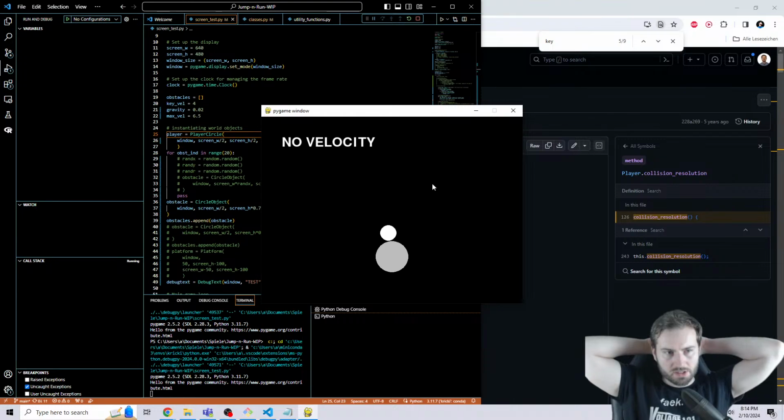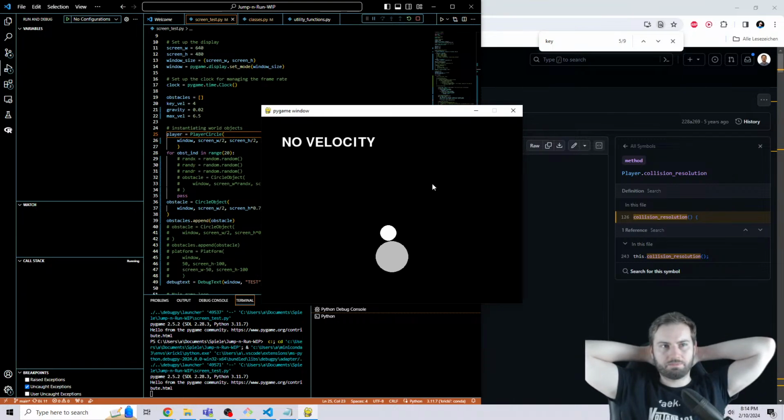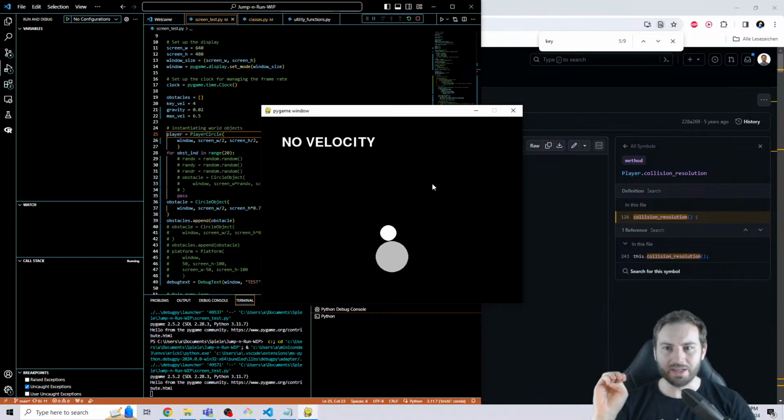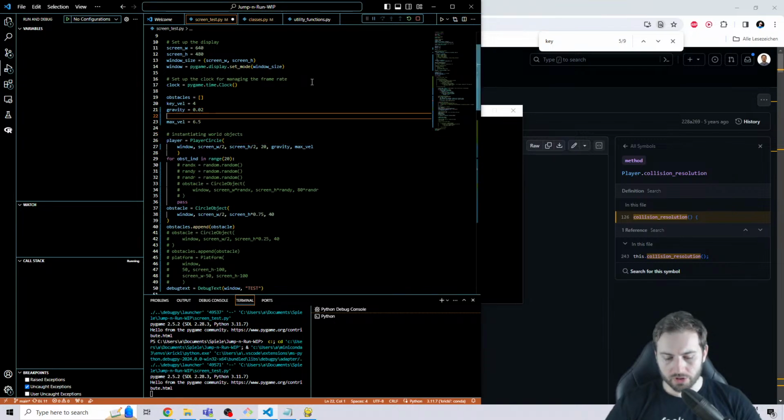So what I also basically want is that the velocity dies off at some point. Yeah, and that was basically a friction parameter, right?